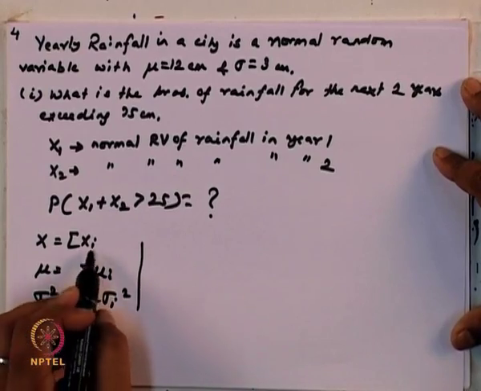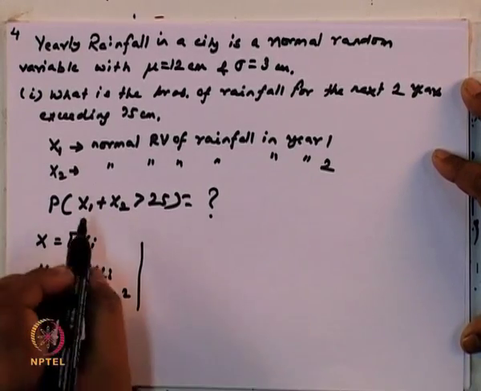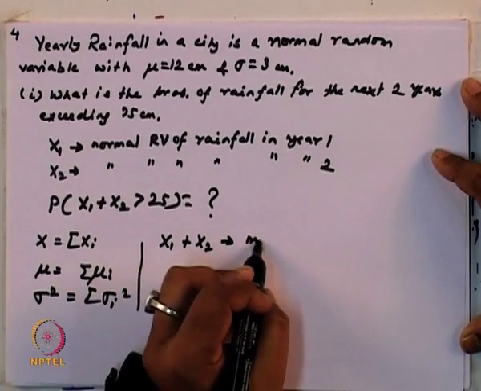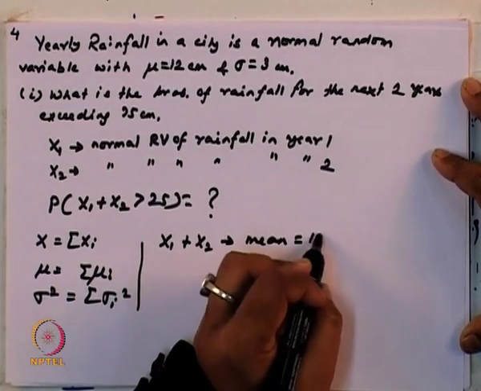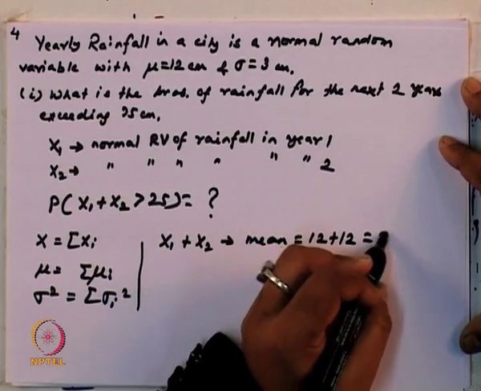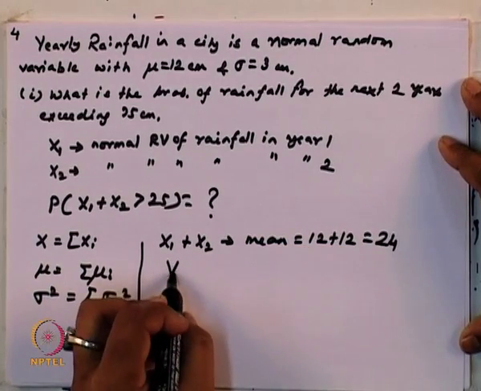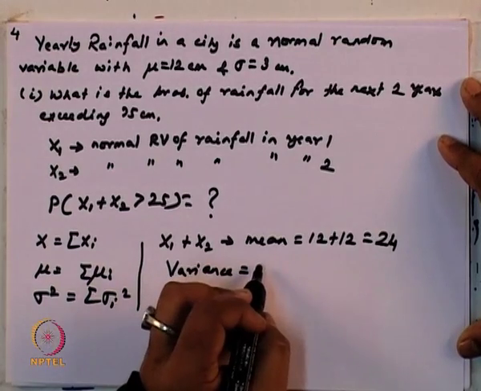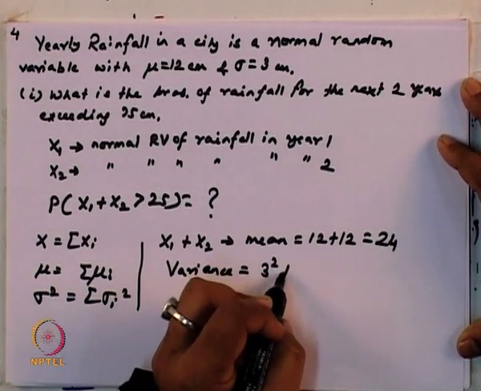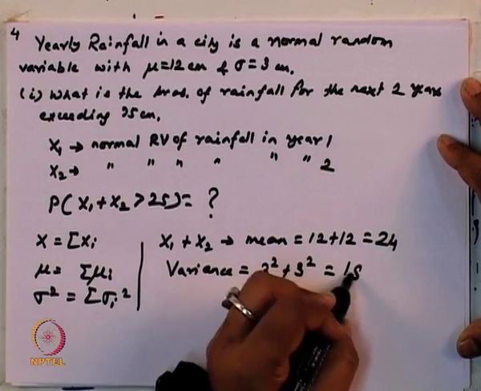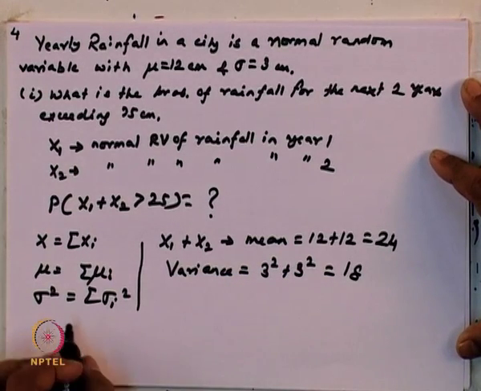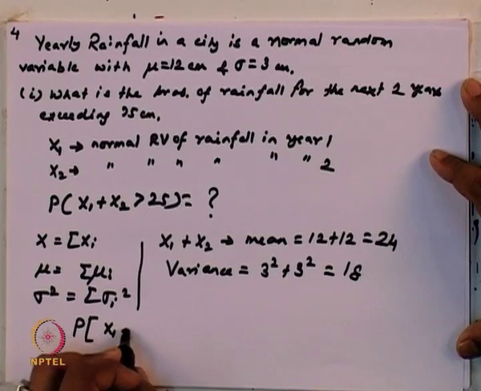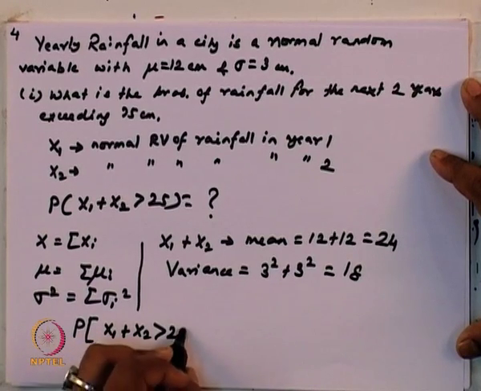If we use this idea, then the variable x1 plus x2 should have mean equal to 12 plus 12, that is 24, and variance equal to 3 square plus 3 square, equal to 18. So we want to calculate the probability of x1 plus x2 greater than 25.